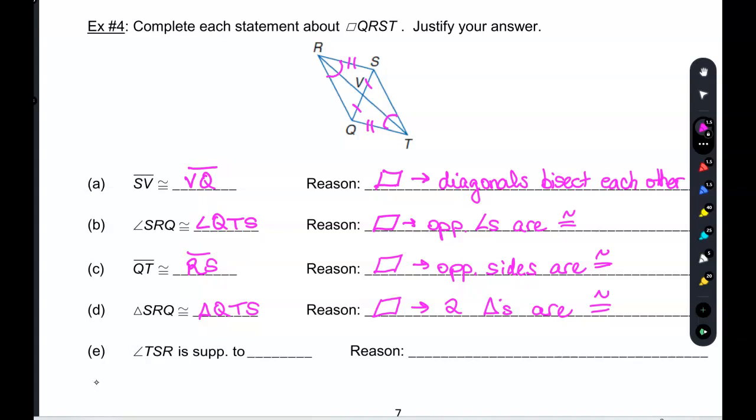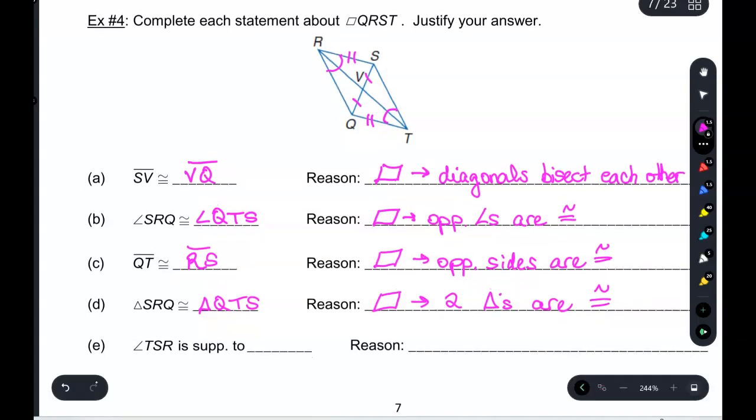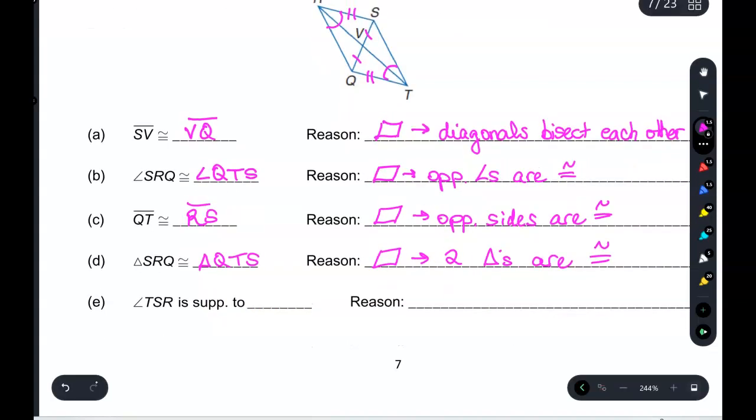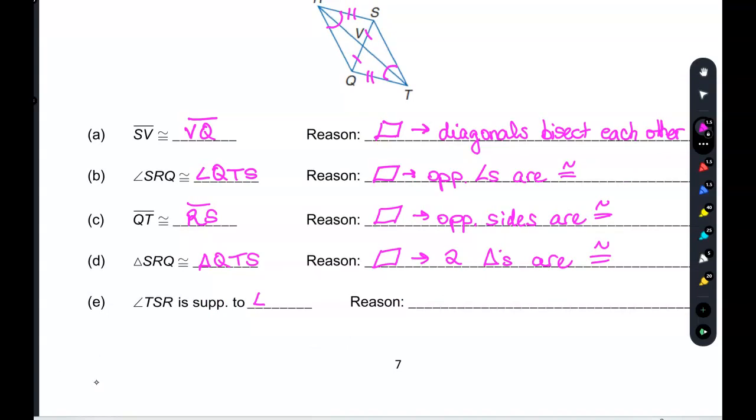TSR is supplementary to, we actually have two options. Both are right. Okay, so you can say this angle here or this angle here. So just pick one. So we'll say RQT. Is that the one you said?